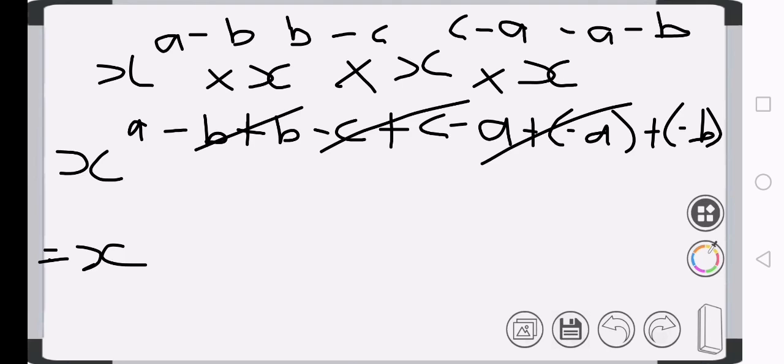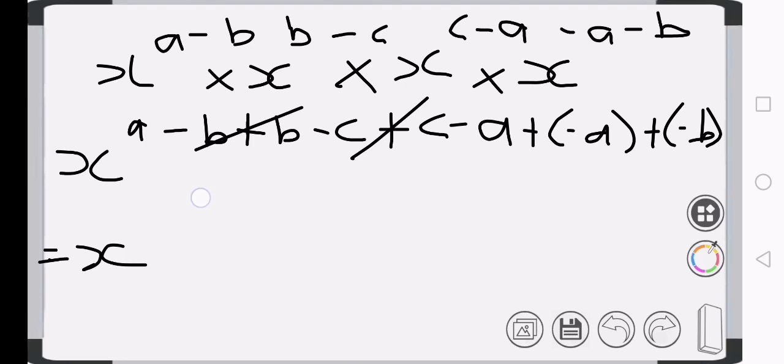Negative c plus c is 0. Negative a plus negative a is negative 2a.